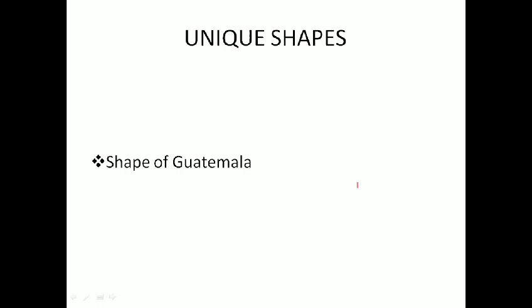Now what is the shape of Guatemala? So Guatemala resembles a chicken, a chick. Okay. So the shape of Guatemala, you have to see this and then you will realize, yes, these are different from others, and that is working. So these countries have unique shapes.